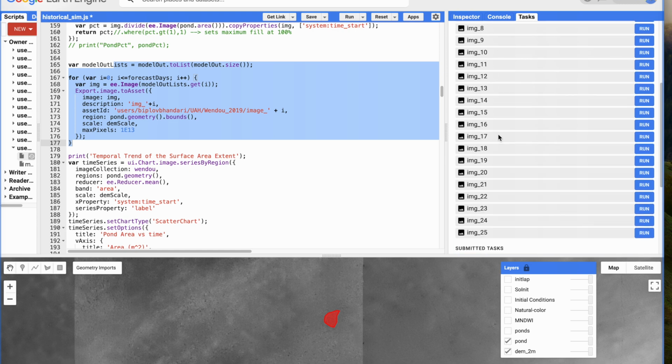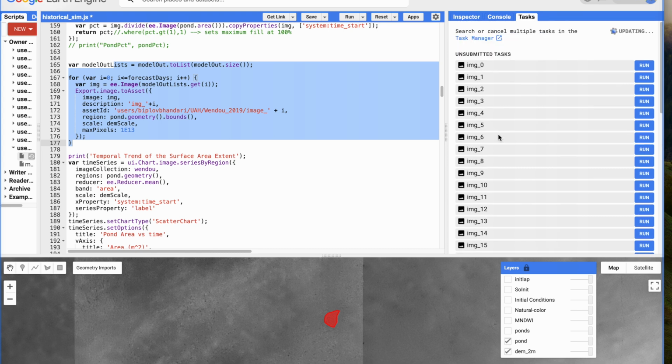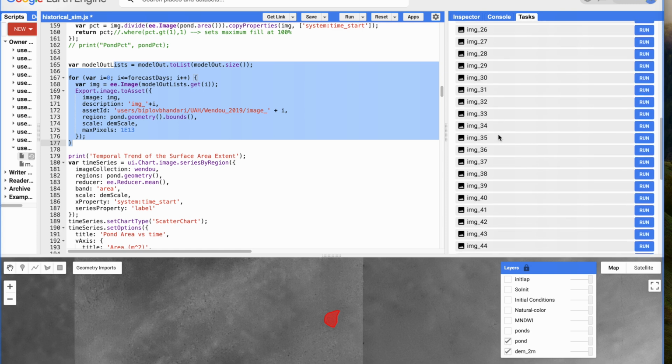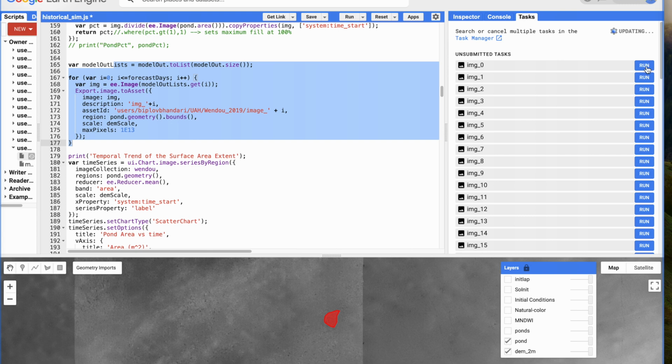At some point we might try to translate this into Python, so it's easier to run these tasks without having to run them individually. But for now, for testing purposes, and until we settle on the final script version, if you're trying for new ponds, you can just go ahead and start running these tasks.